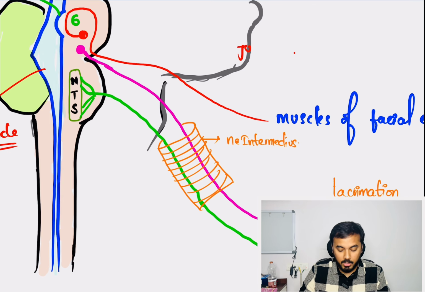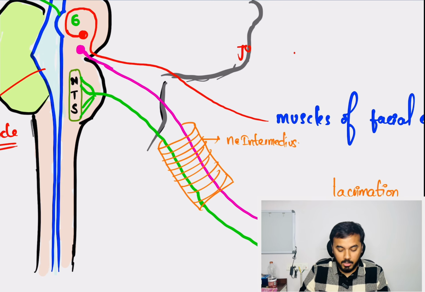Fine. Now what is the big deal here? Big deal ये है कि as this is a motor fiber of the facial nerve, as it is coming downward, पता है ये क्या करेगा? This will give a branch like this. Branch to a muscle called stapedius.